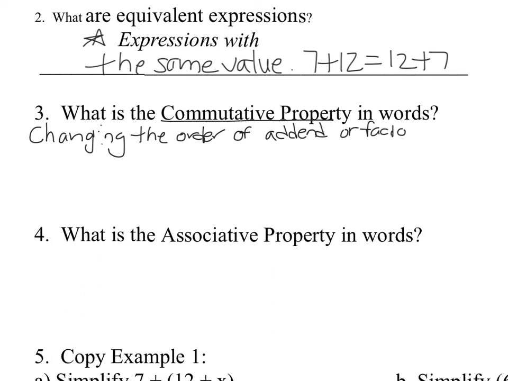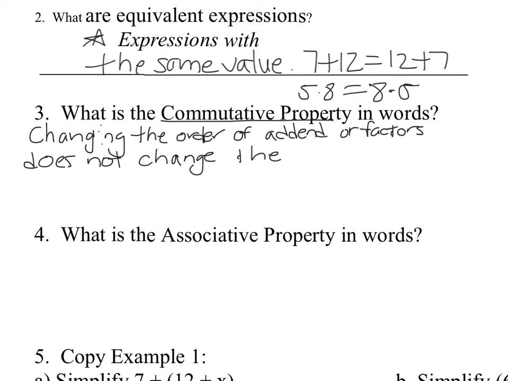So if we want to do multiplication, factors, like 5 times 8 equals 8 times 5, factors would be 5 and 8, does not change the product or sum.